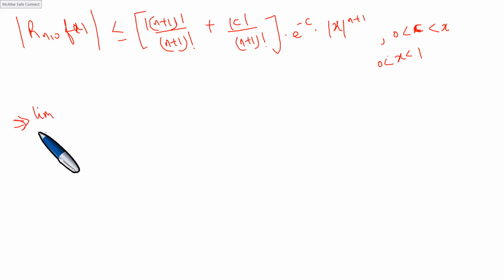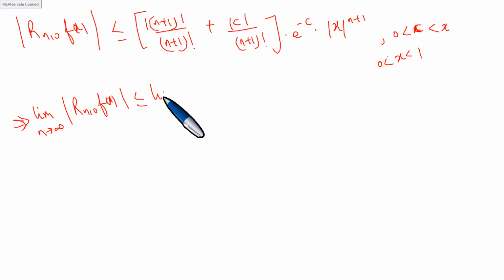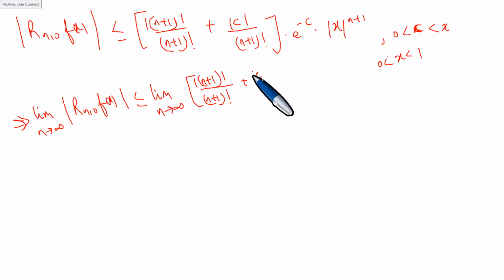So we have the limit as n approaches infinity, which is n plus 1, e to the minus c, n plus 1.